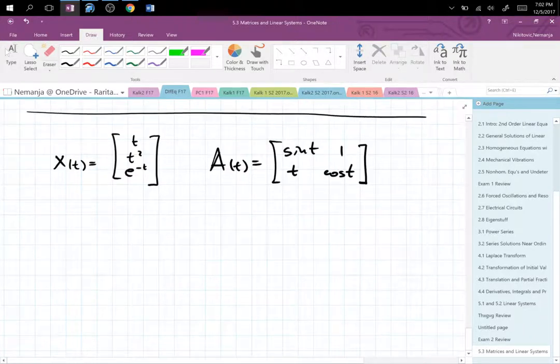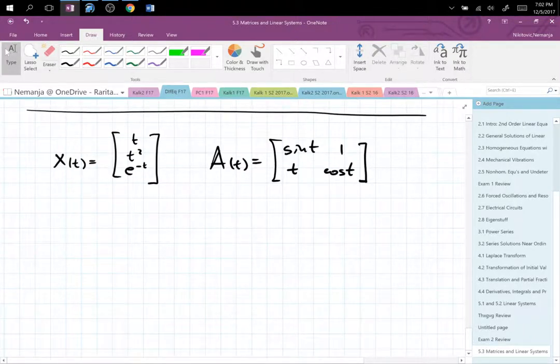So now I have a column vector, which is a 3 by 1 matrix, x given as a function of t, right? And so what are we going to do with this? Yeah, we're going to stare at it.